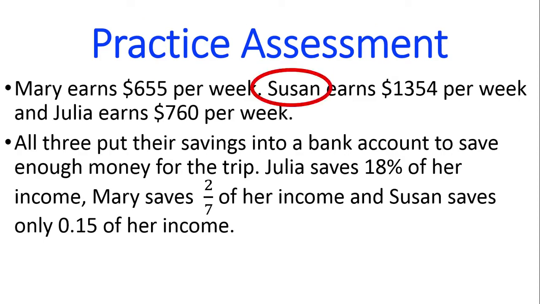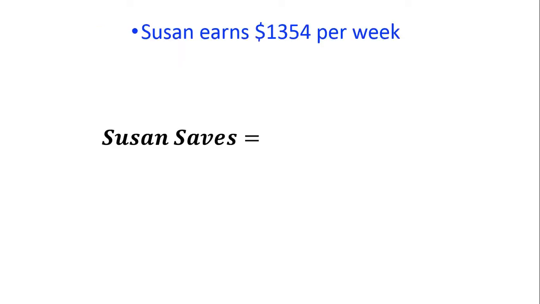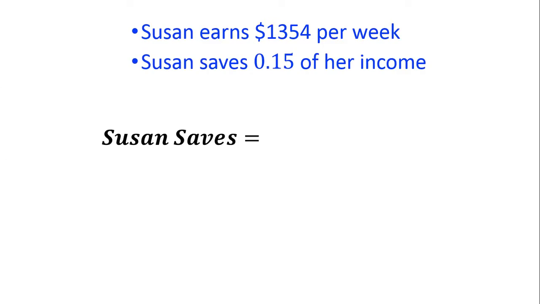Let's see who's next. Well, Susan's next, so let's find some information about Susan. We know that she earns $1,354 a week, and we're told that she saves 0.15 of her income. So there's a decimal of. So it's the next calculation we need to do. So Susan earns $1,354. She saves 0.15 of her income.